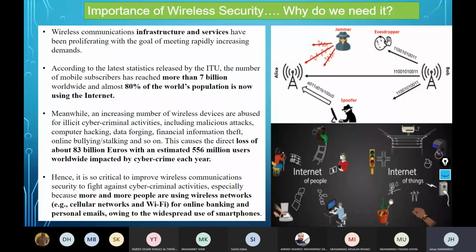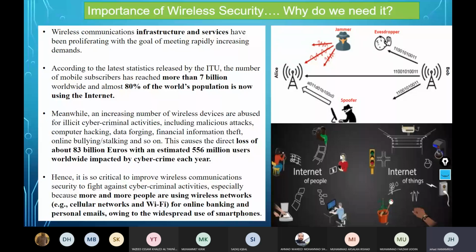Anybody can hear it. Anybody can listen to it, although you don't see it. Anybody with some high-tech devices like a vector network analyzer can see the signal, capture it, decode it, decrypt it, and get the data out of it. So it's really very dangerous when you are sending through wireless.